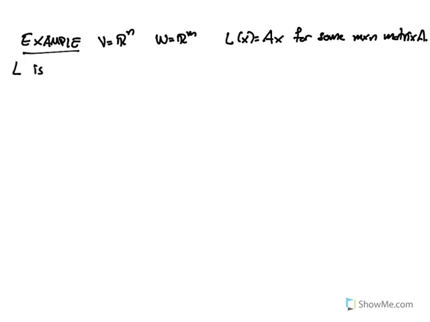So L is onto. This means that for every y in Rm, there exists x in Rn such that Ax is equal to y.